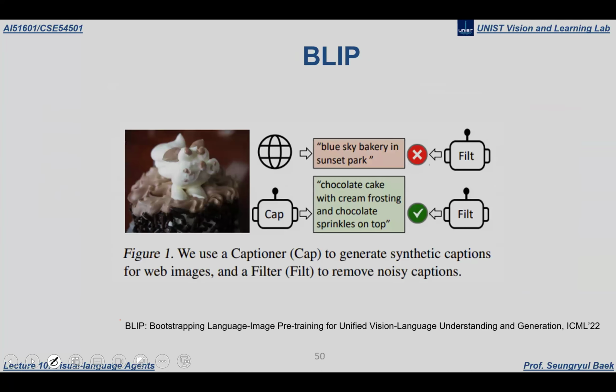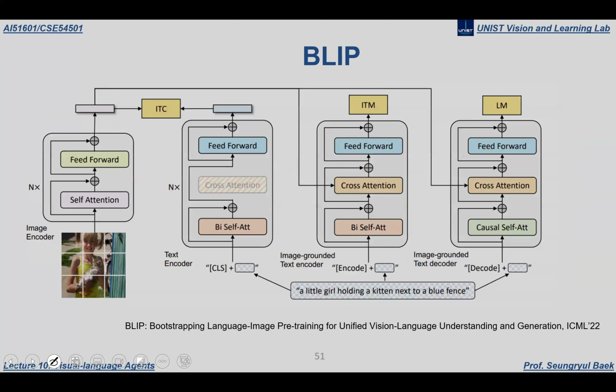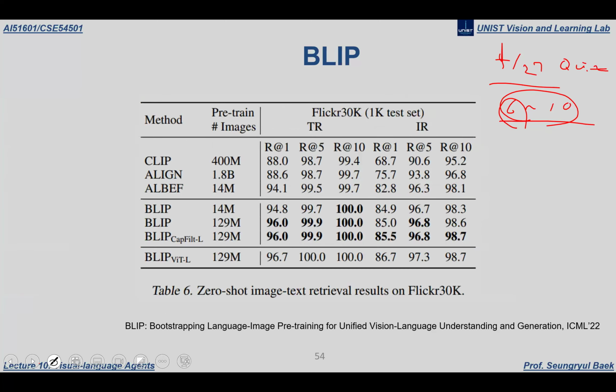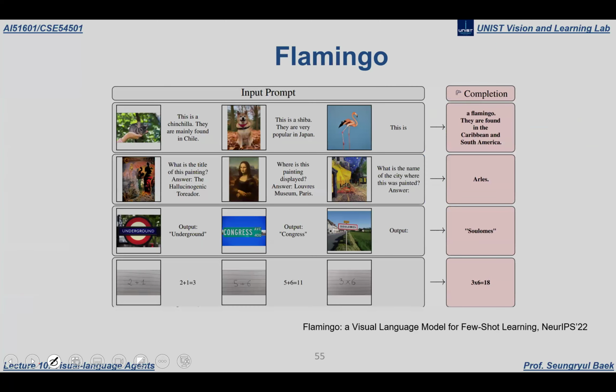And also we saw BLIP, one of the initial VLMs, vision language models. And today, we will see more advanced features for the VLMs. And actually, the lecture slide has been slightly updated. So I already updated it in the Blackboard.